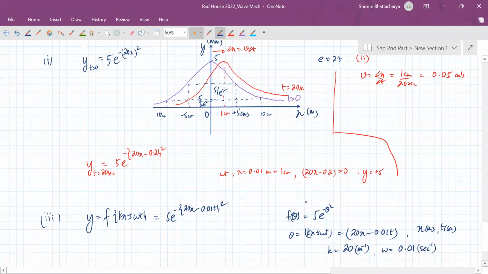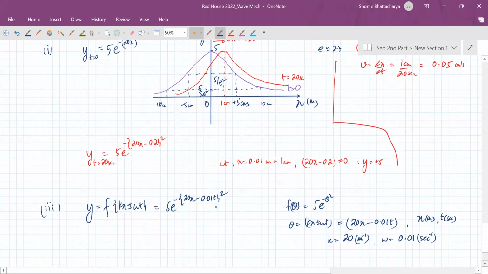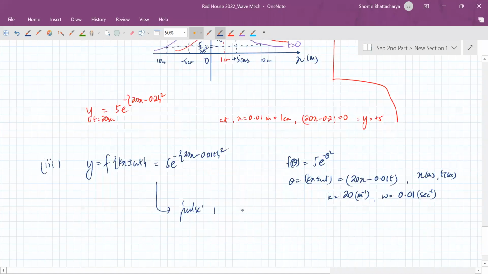So from this, you can see that the wave, or in this case the pulse, travels along the positive x-axis, which the graph above is also showing you, at the uniform speed of omega by k, which is 0.01 divided by 20. This will be in meters per second.